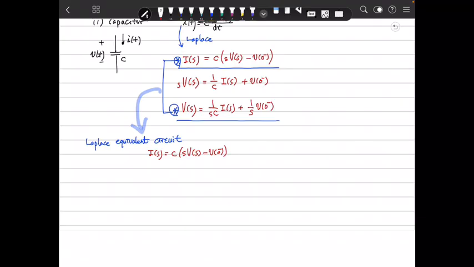That means we can derive a port here, where the current flows, something like that. The current source has the value C times the initial value, and this is 1 over sC.